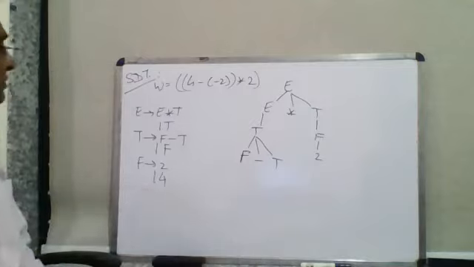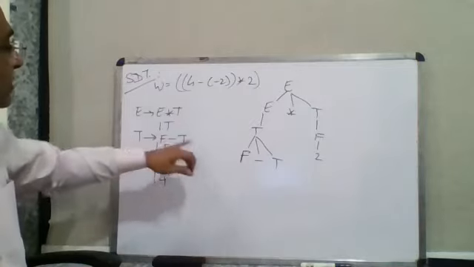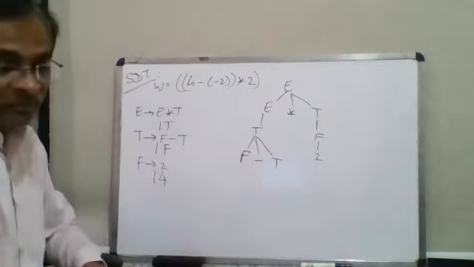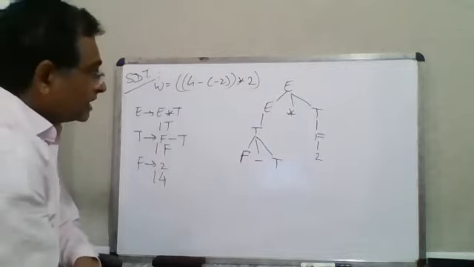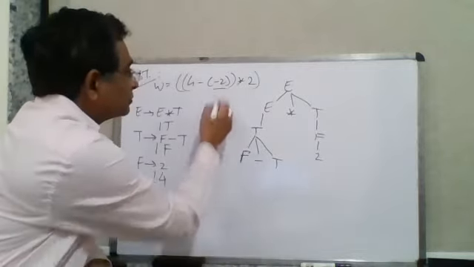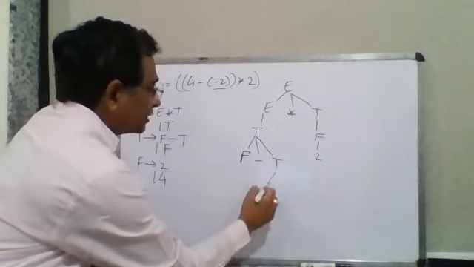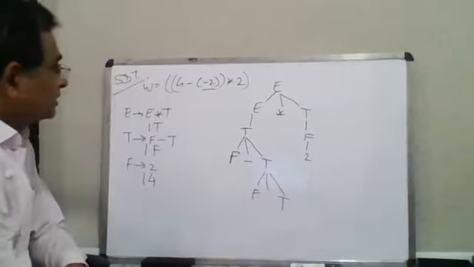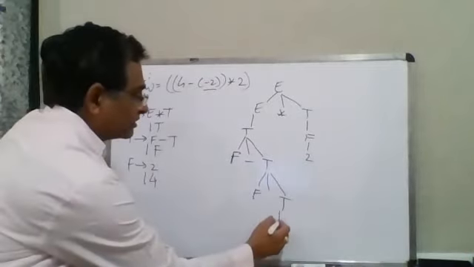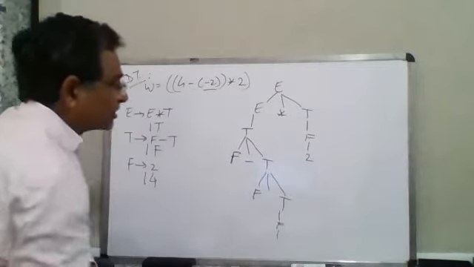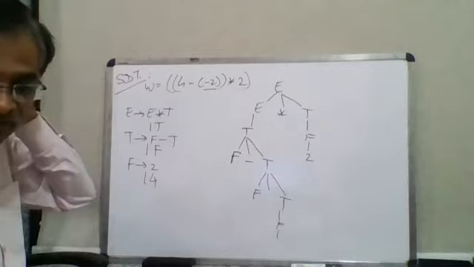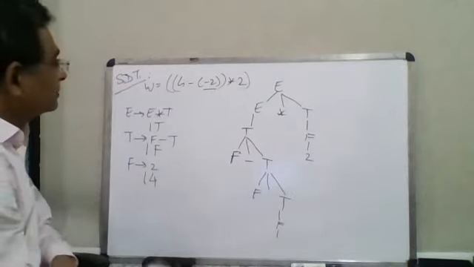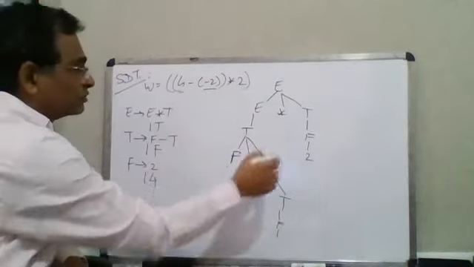So based upon this, T goes to F minus T, and then again this minus 2, so T goes to F minus T is possible, and then T goes to F and F goes to some number, right? So the various numbers which could be there are 4, 2 and 2, right?